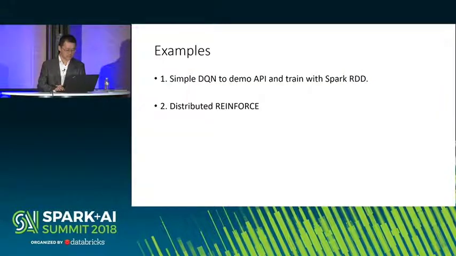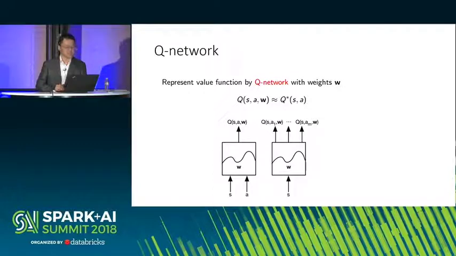Okay, so now we go directly into the first example, where we use DQN to train a model based on Spark RDD. For this neural network, there are two kinds of choices for the input. First, we can use the state feature and the action as the input of this neural network, and then output the Q as the value for this action.